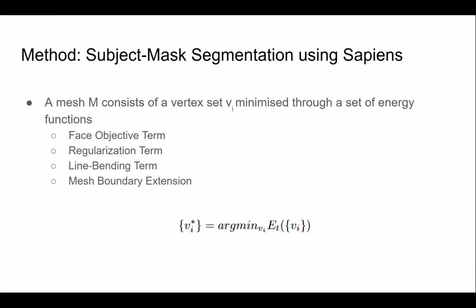The line bending term is introduced to prevent shearing and rotational artifacts during the optimization process. The mesh boundary extension is to prevent trivial solutions where optimization results in an ineffective or null transformation. Hence, the total energy is defined as the sum of these individual terms, and we minimize this energy to find the optimal vertices Vi.